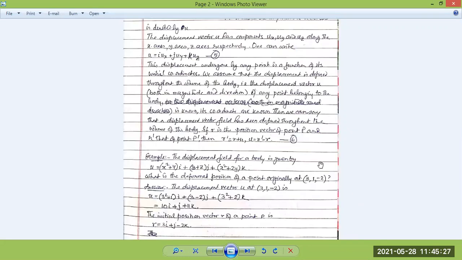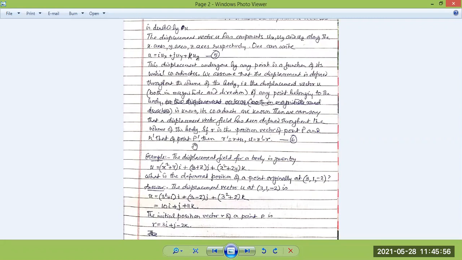And you see, we can say that the displacement vector field is defined through the volume of the body. We can say that a displacement vector is applicable to any point throughout the body. We can say R is the position vector of a point, and R dash that of P dash.